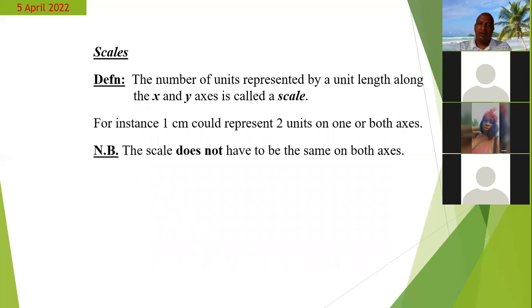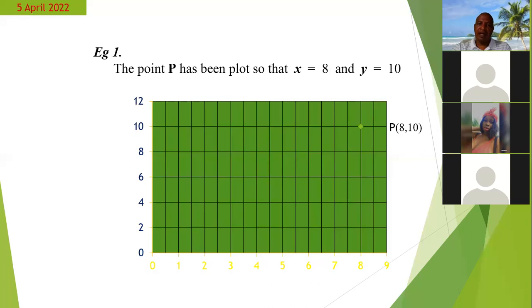Now, if you noticed on this graph, the one that we were looking at before, you would notice that we number the intervals on the x-axis, and we count 0, 1, 2, 3, 4, 5, 6, up to 9.